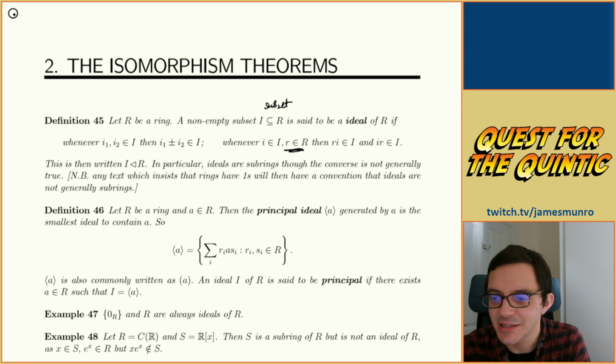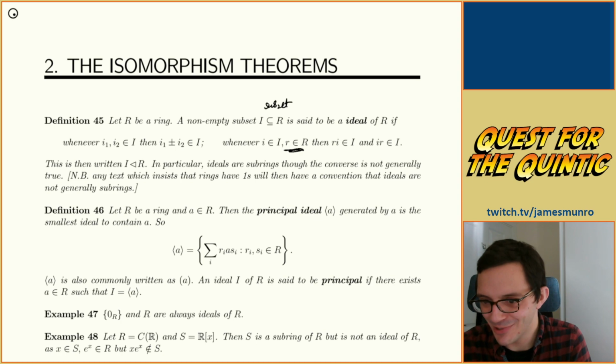Yeah, your multiplicative identity might or might not be in there. Interesting. Right, so if you insist that rings have ones, then your ideals might not be subrings because they might not have ones. Whereas in this text, ideals are subrings because subrings don't have to have ones.